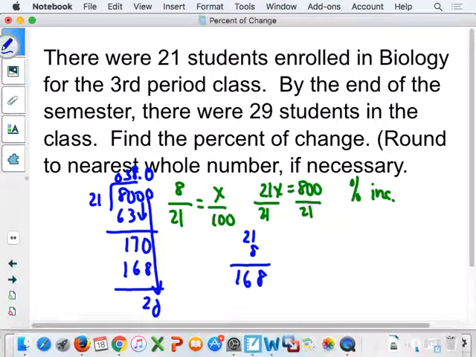So since we're rounding to the nearest whole number, this is just a 38% increase. Okay, so all we did was we took our original number, which was 21, and then our new number was 29. We took the difference, and then we set up our difference over original equals x over 100.